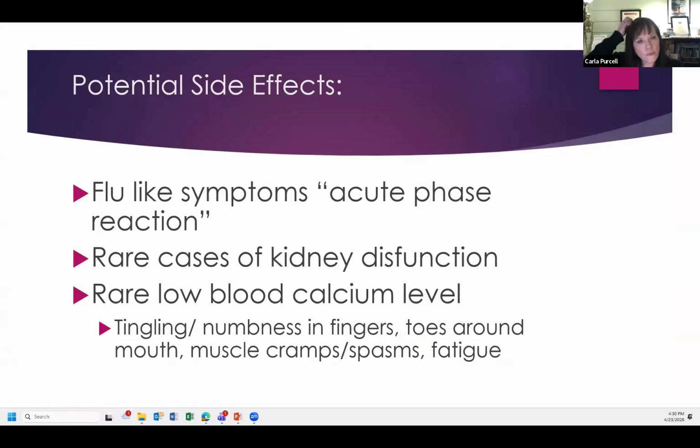Potential side effects from the zoledronic acid, or Aclasta, which is what the medication is called. About 30% of people will have flu-like symptoms. We call it an acute phase reaction after they have the infusion. So you can feel achy, tired, feverish, pretty miserable for a couple of days afterwards.